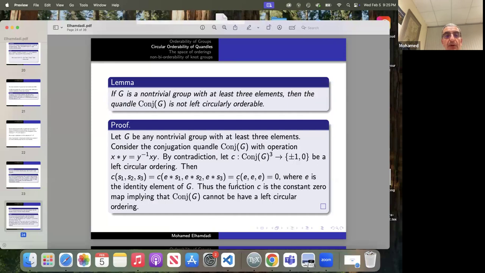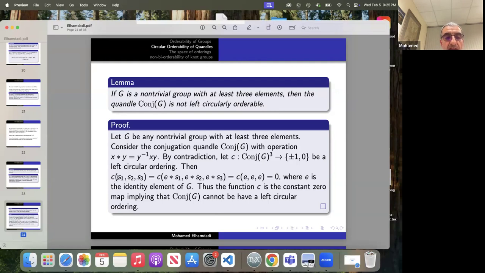If G is a non-trivial group with at least 3 elements, then the conjugation quandle of G is not left circular orderable. The proof is based on the fact that if you pick the identity element and multiply from the left by the identity element, you can change any triple s1, s2, s3.